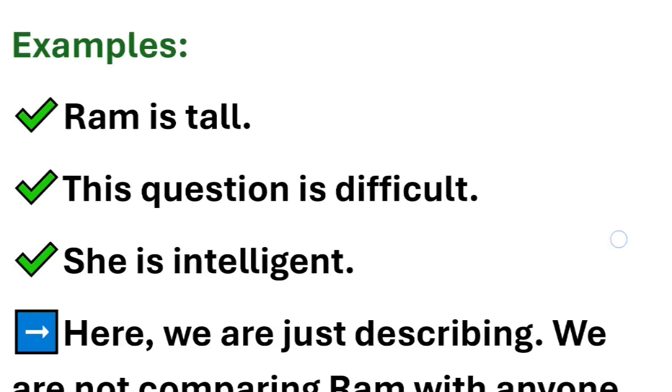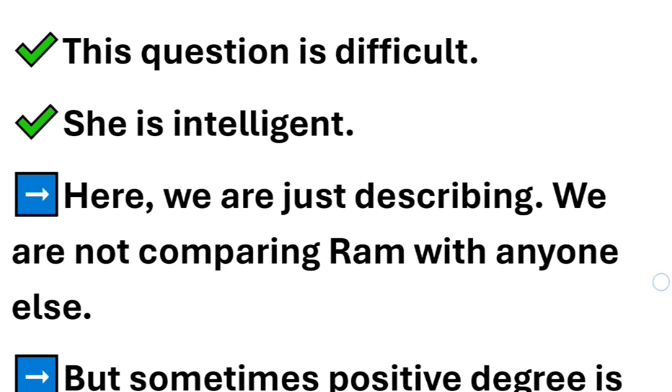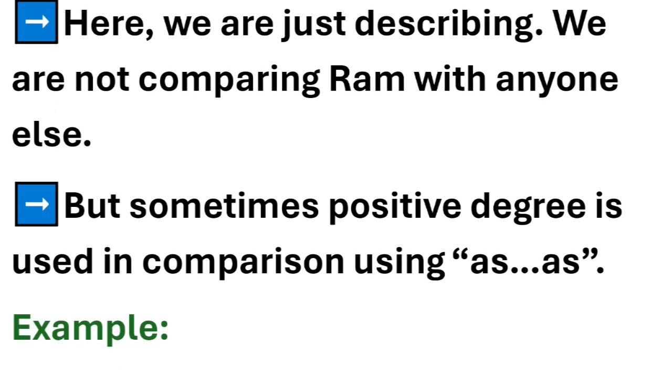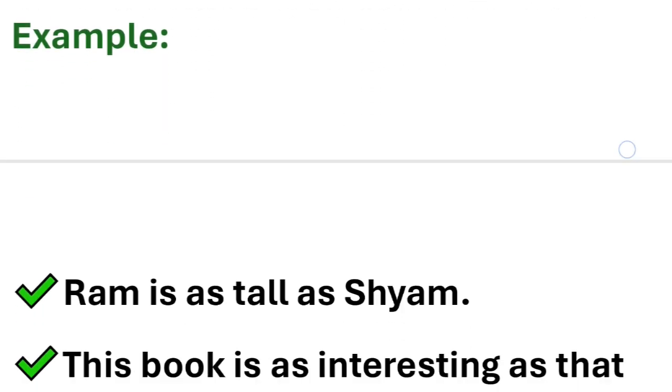In all these examples, we are just describing. There's no comparison happening at all. We're only describing. We are not comparing Ram with anyone else. But sometimes, as I told you earlier, positive degree uses comparison. Yes, it does. How? By using as, adjective, and then as.